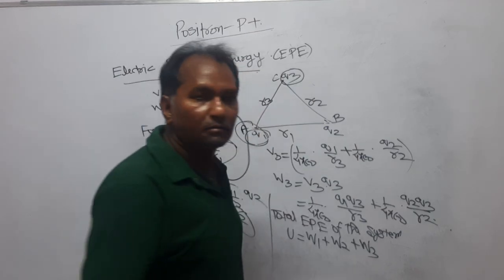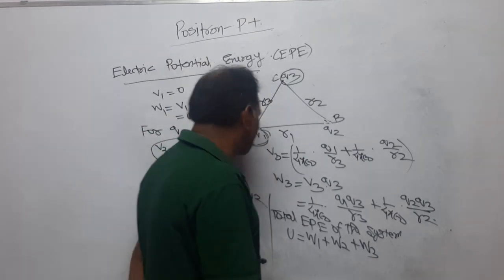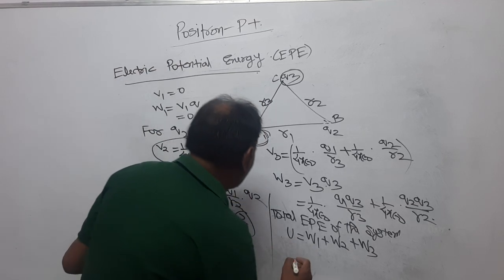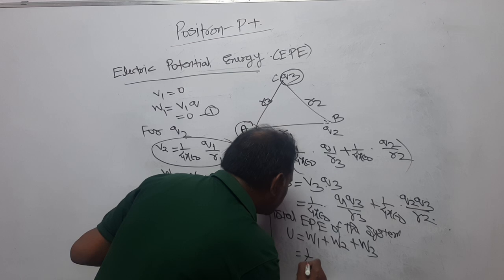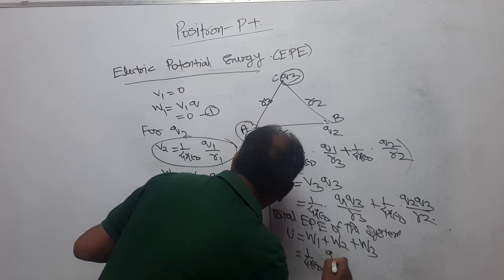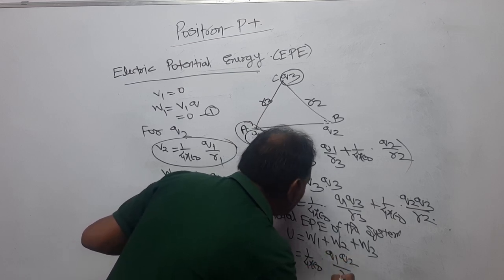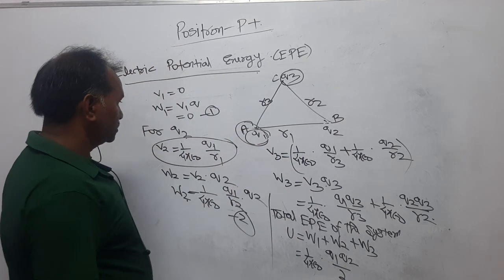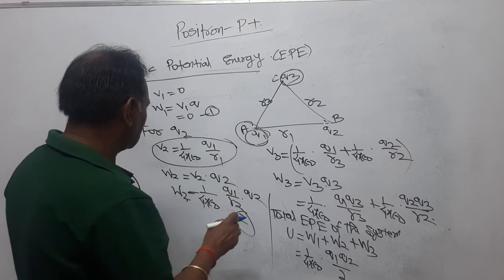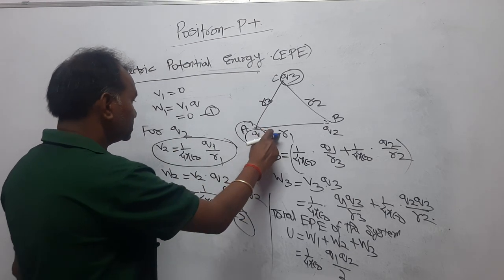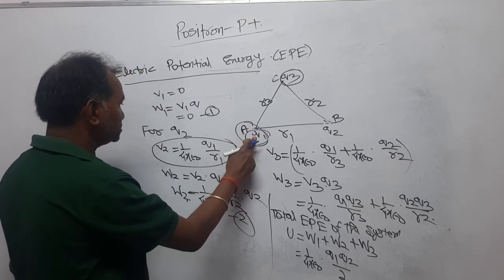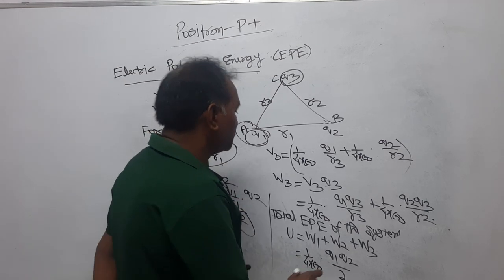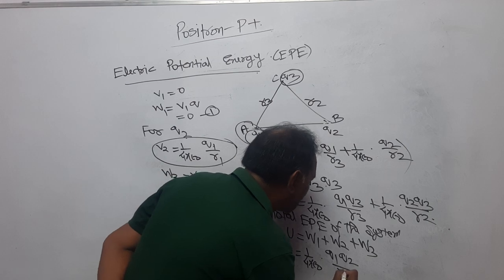That is, we are adding W1, W2 and W3, and ultimately we will get W1 is 0, W2 is 1 upon 4 pi epsilon naught Q1 Q2 upon R1, this distance was R1, sorry.